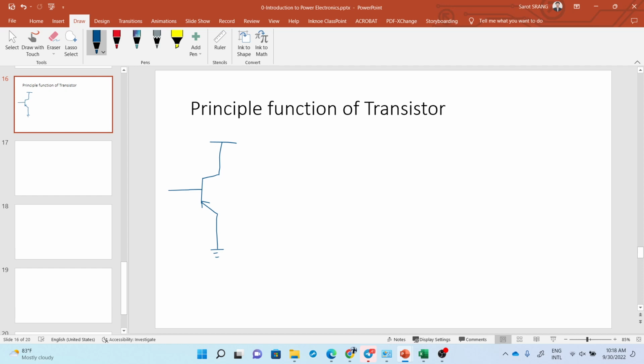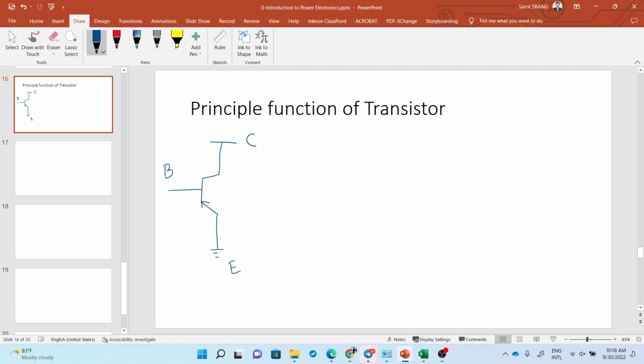There are terminals, and we use terms like collector, emitter, and base. This one is called a bipolar junction transistor.